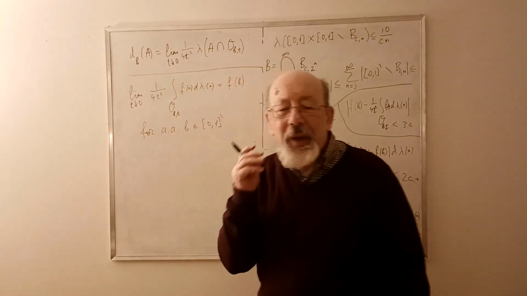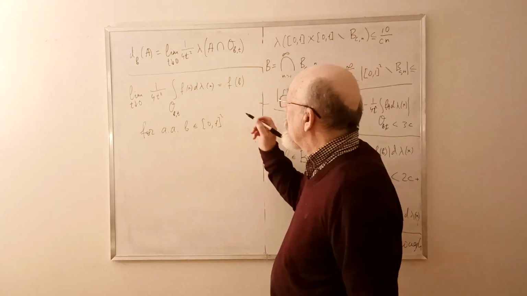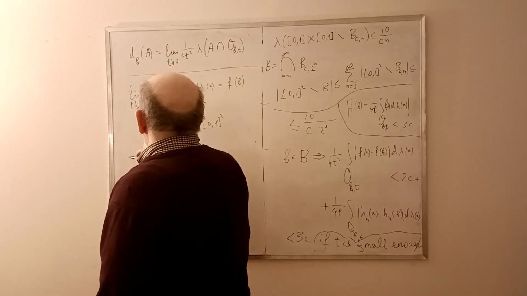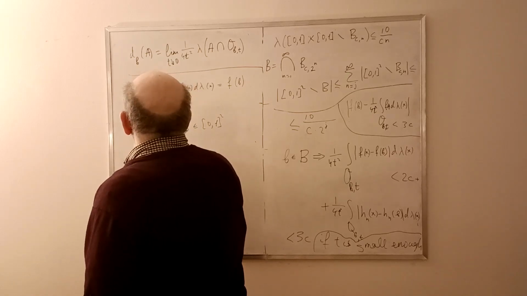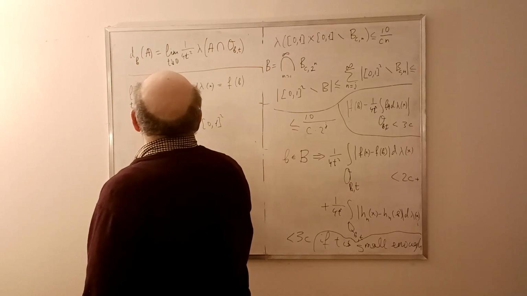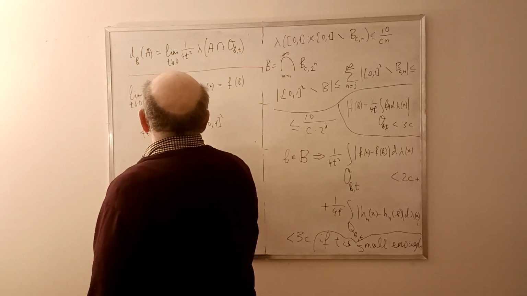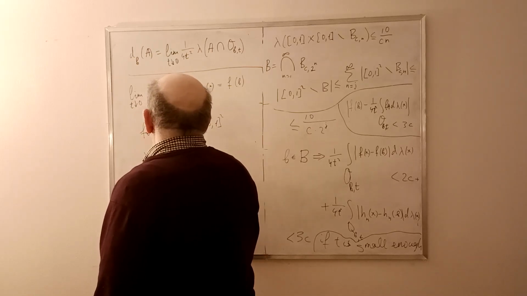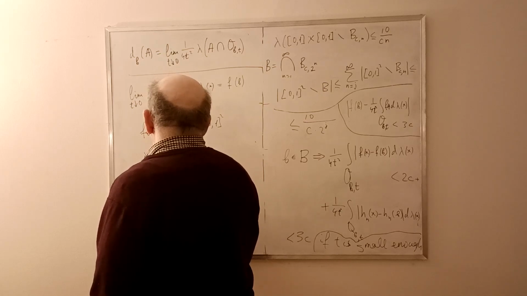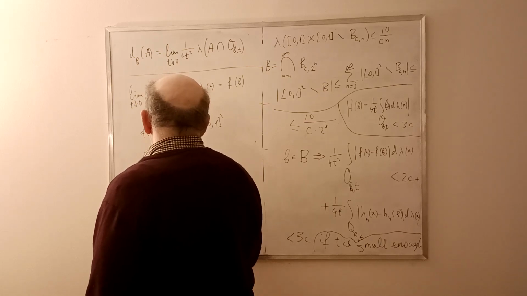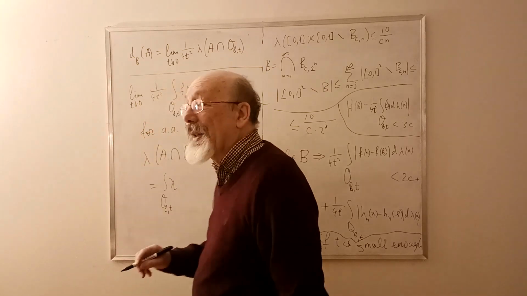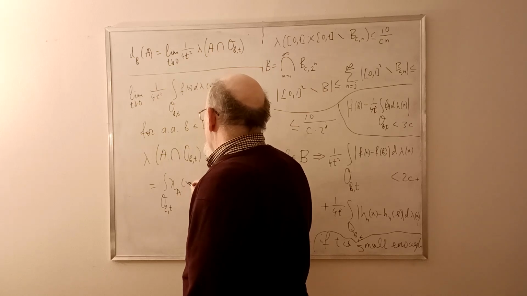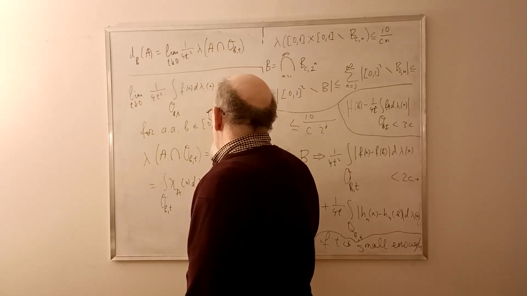So what remains to be said is that the measure of A intersection with O(b,t) is nothing but the integral over O(b,t) of the characteristic function of the set A of x, d lambda of x.